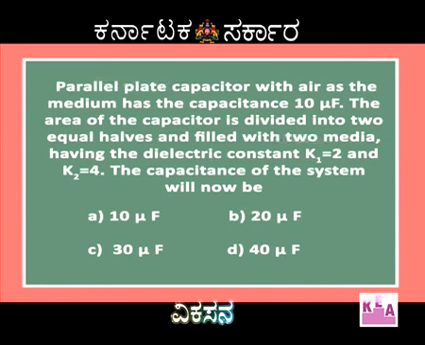The area of the capacitor is divided into two equal halves and filled with two media having the dielectric constants K1 equal to 2, K2 equal to 4. The capacitance of the system will now be in microfarad: A 10, B 20, C 30, D 40.